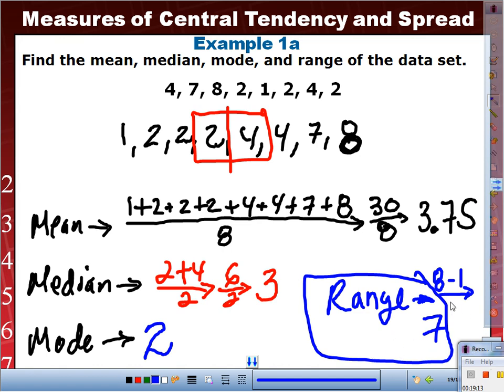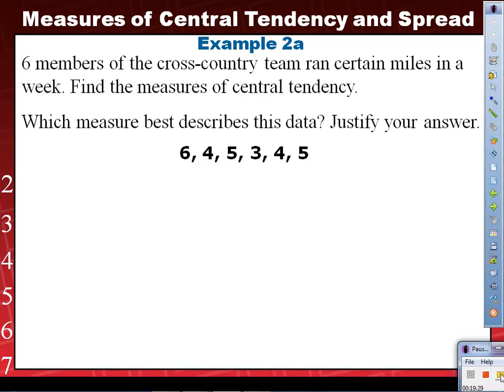Let's crank it up a notch, yeah? Okay. Copy this. Example 2A. It says, 6 members of the cross-country team ran certain miles in a week. Find the measures of central tendency. Which measure best describes this data, and justify your answer.